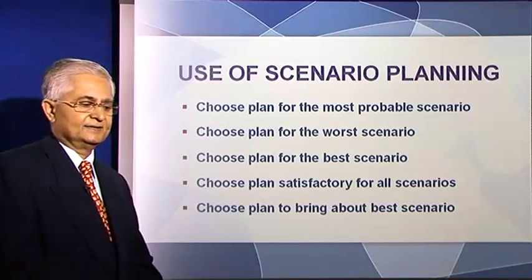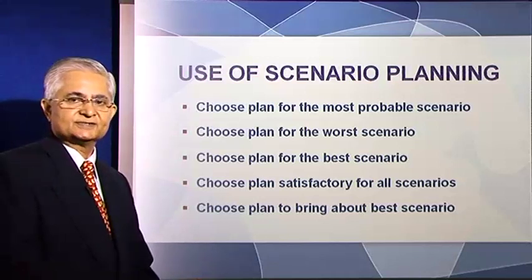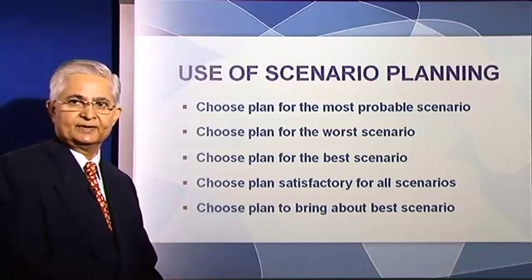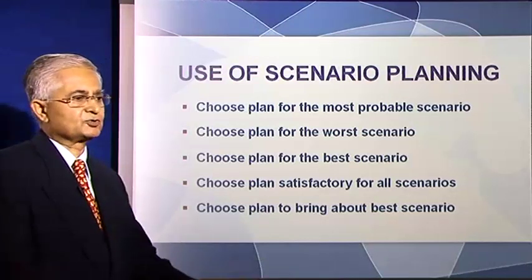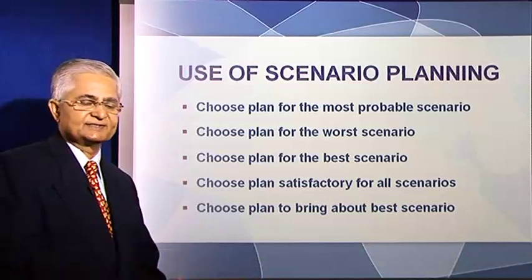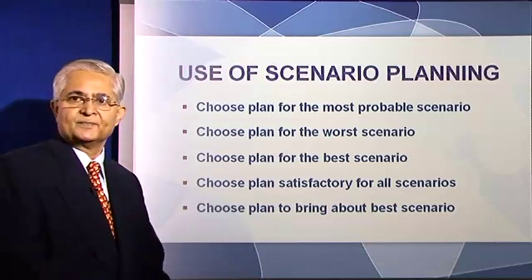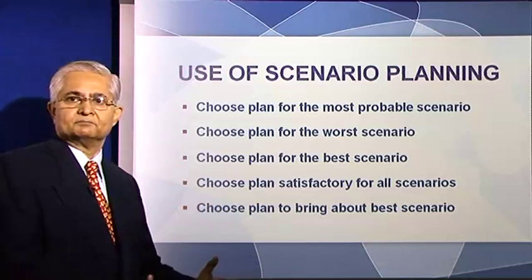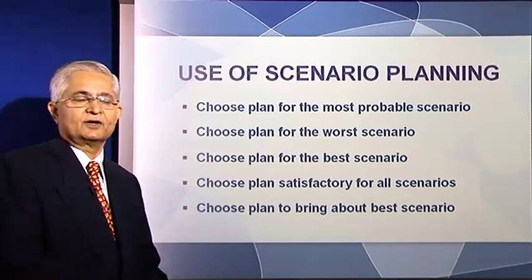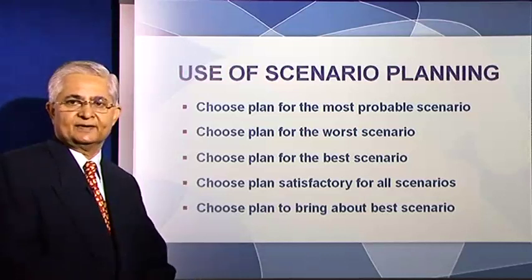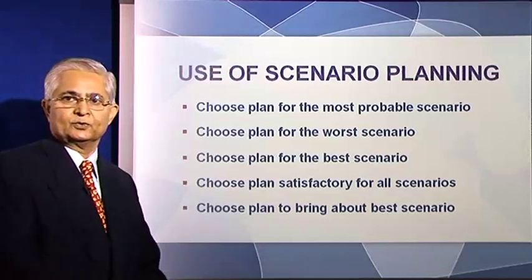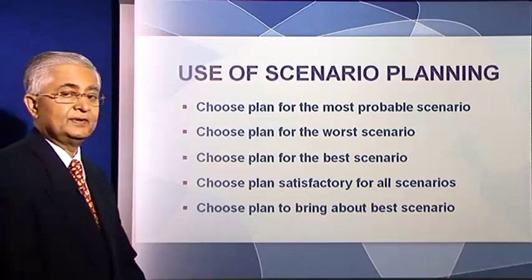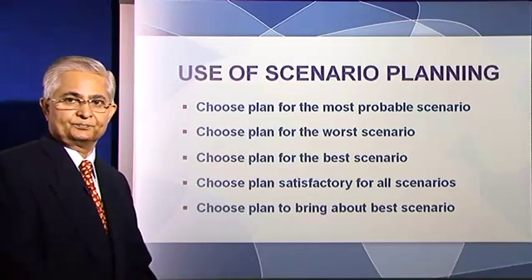And we say that out of these 4 pictures, this particular picture is the worst, where the market shrinks, where prices fall, where raw material costs go up, a lot of negative consequences happen together. That's the worst scenario. So let's say that we plan for the worst scenario.